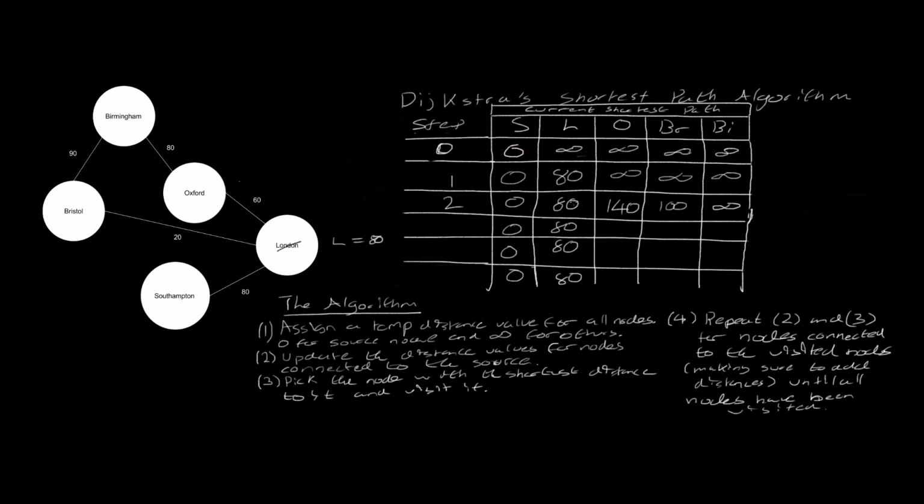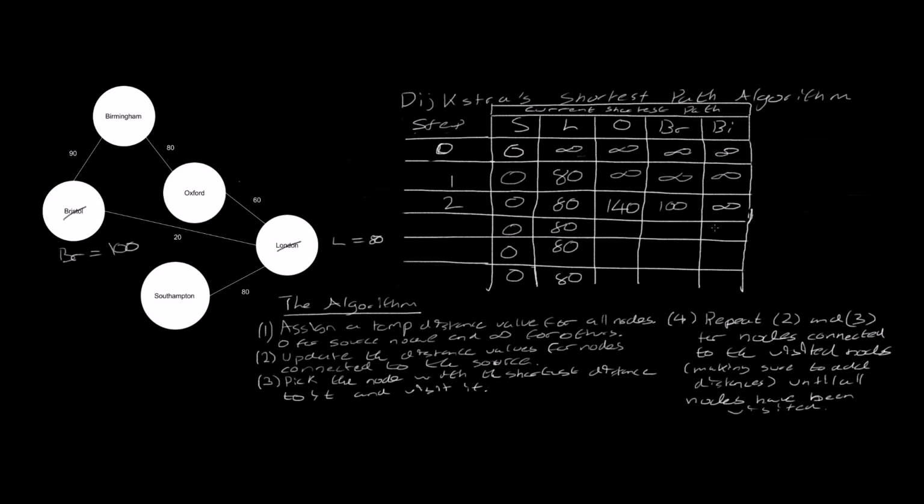Because I've visited London now, I'm going to have a look at the shortest route that I've got opened up to me here, and the shortest route is 100. So I'm going to move over to Bristol. I've visited Bristol, and because I've visited Bristol, I've now got a connection to Birmingham. My connection to Birmingham is 190. That is going to be my new shortest route, because 190 is a shorter route than infinity.